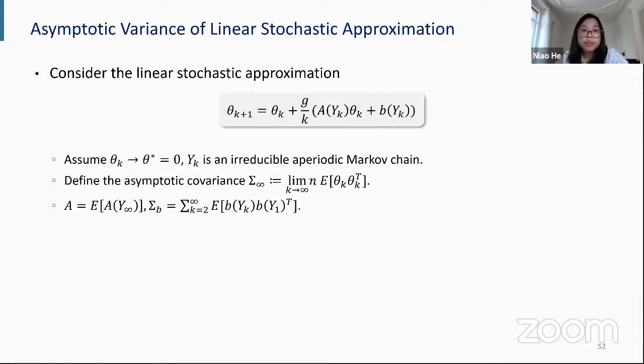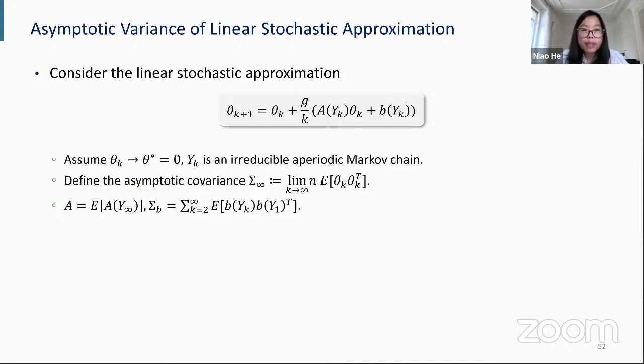So if we consider this general linear stochastic approximation with this 1/k step size, and for simplicity I'm going to assume that it converges to some point that is just 0, so that we just look at the asymptotics and we don't need to bother with this Q star here.